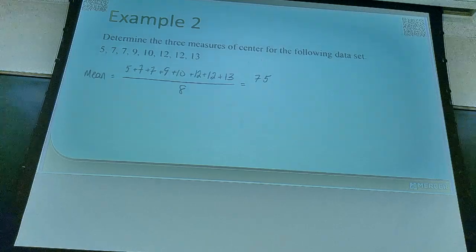It should give you 75 when you sum them up. That does not simplify.